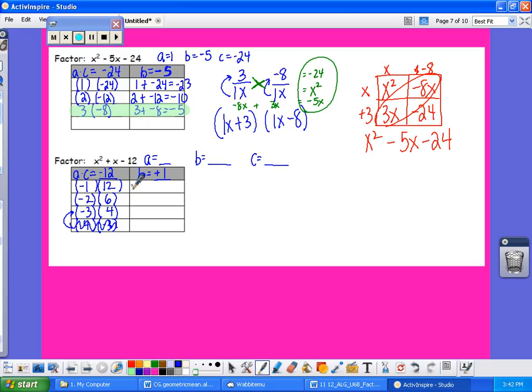Now I want you to add all of these together, and you tell me which one works out. I'll give you a minute. Okay, so you're going to write the first factor over ax, which will be 1x, and the second factor over 1x as well.